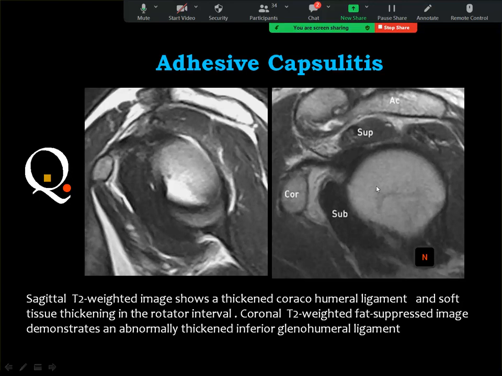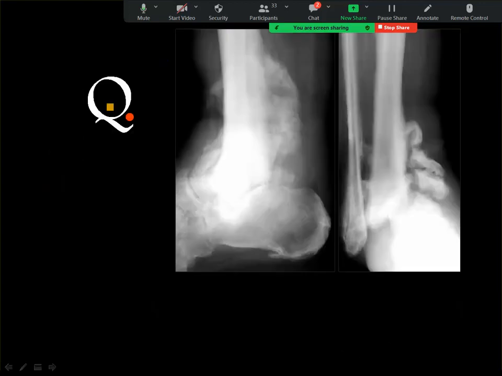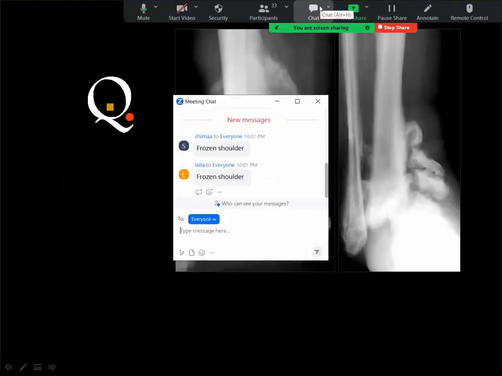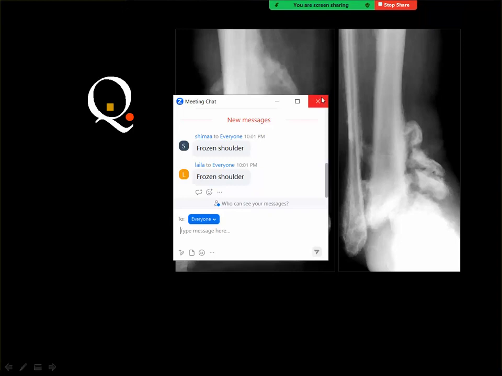The findings of adhesive capsulitis on MRI are: number one, thickening and shortening of the inferior glenohumeral ligament; number two, thickening of the coracohumeral ligament; number three, obliteration of the fat in the rotator interval. Next case is an X-ray of the ankle.